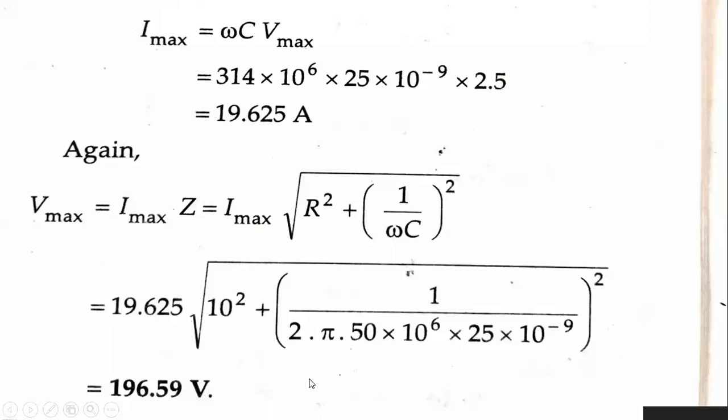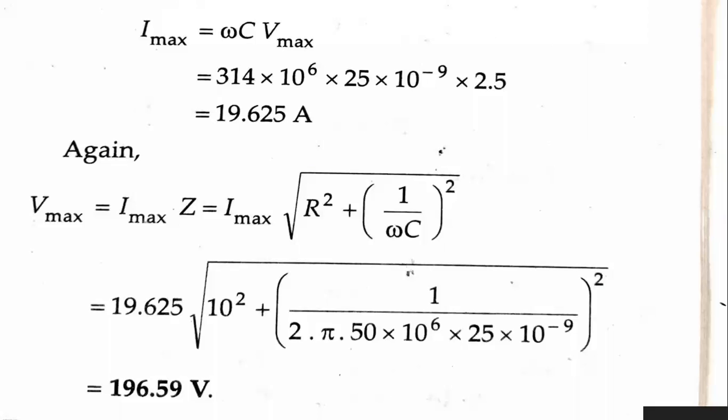So here what we need to do: I max is what they are asking for, the maximum current. I max is equal to omega C V max. What is my omega? 314 into 10 raised to power 6 radian per second, we have already calculated. What is my capacitor value? That is 25 nanofarad, nano is 10 raised to the power minus 9.